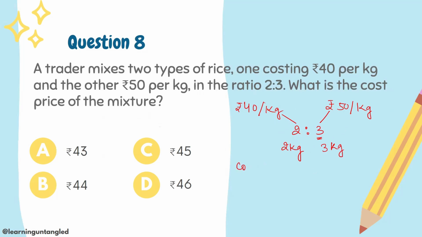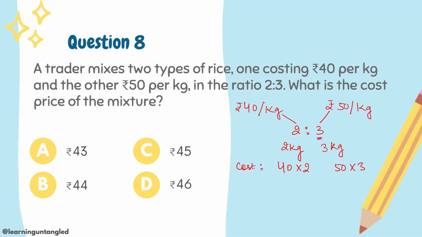So if I calculate the cost, 2 kg of the first kind of rice, so it's 2 times 40, and the cost for the second kind of rice would be 3 times 50. Now we have to calculate the cost of the mixture.